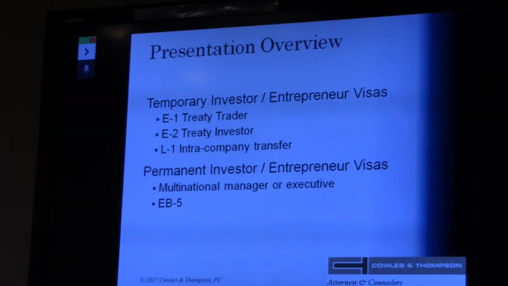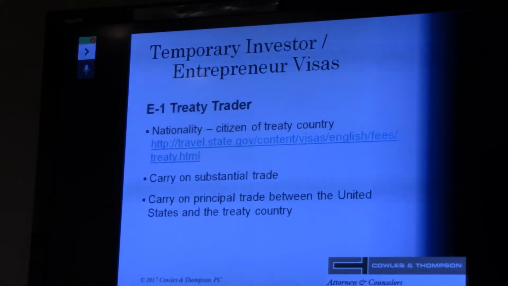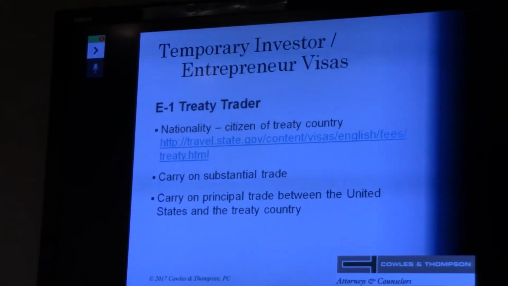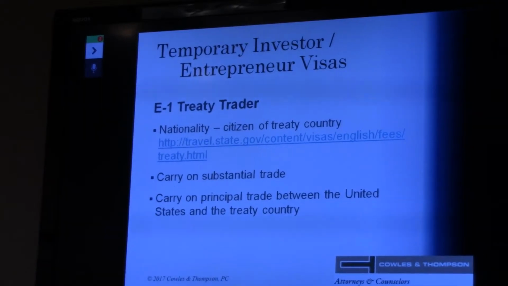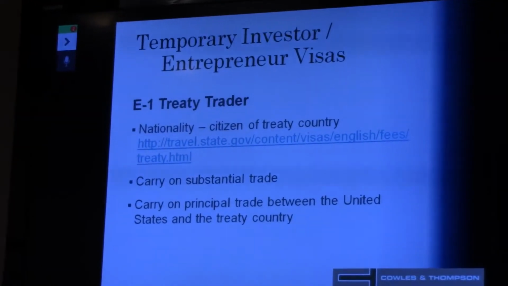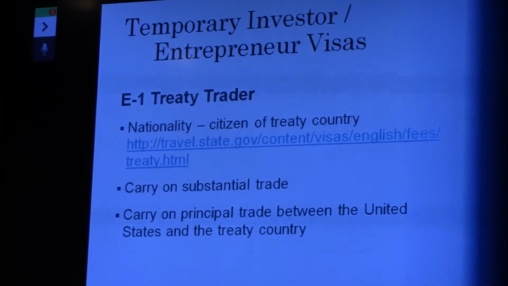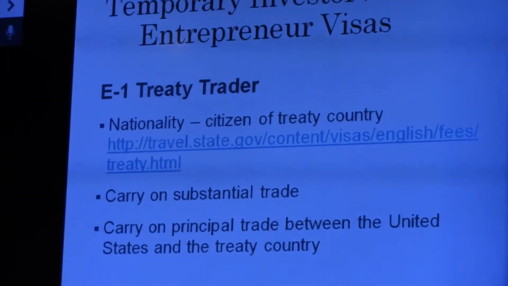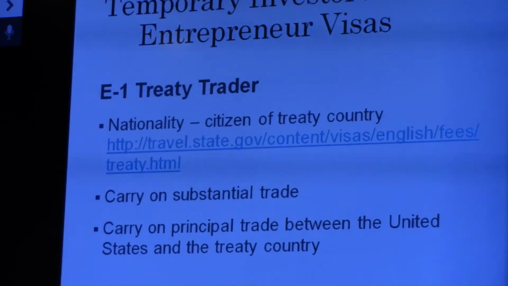So let's start. The first one is the investor E1 treaty trader visa. This one, as with the investor visas, is specifically for citizens of countries that have a treaty with the United States.